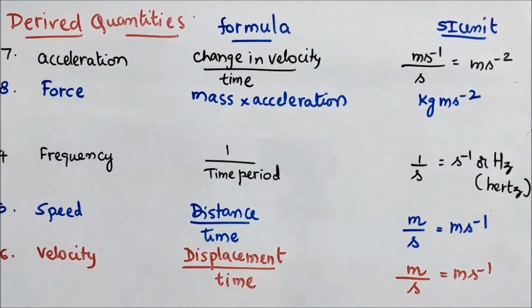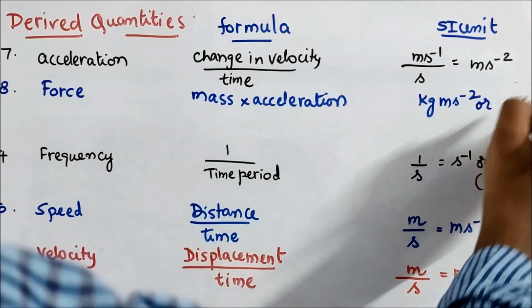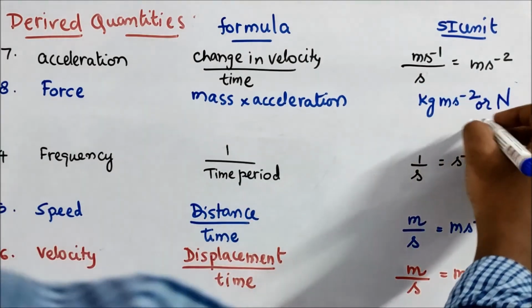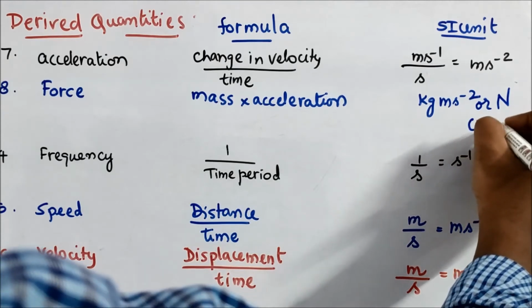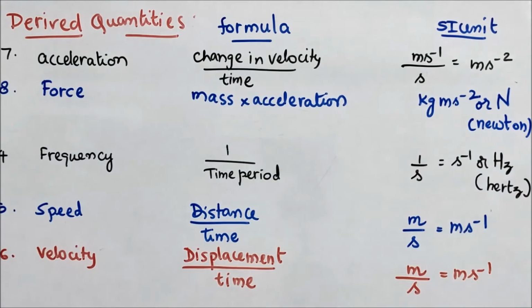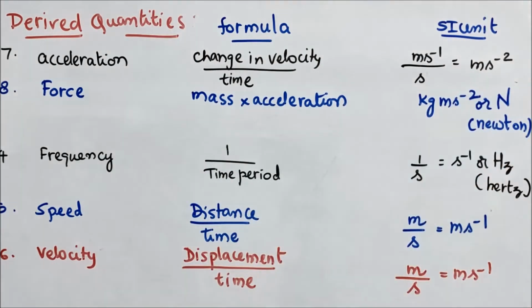So kg meter per second square is the unit for force, and this is also written as capital N, the symbol for Newton. So Newton is the unit for force, which is kg meter per second square. This unit is given a special name after the scientist Newton.